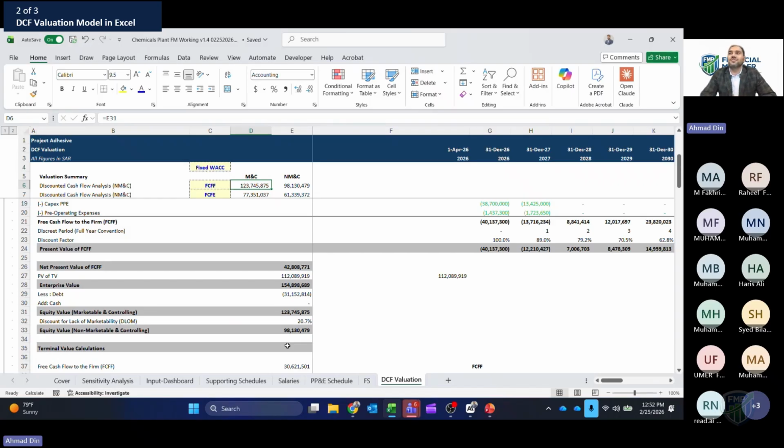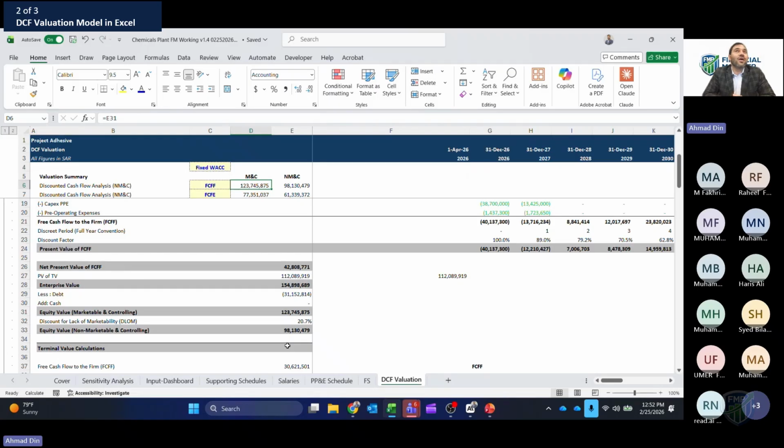For both methods, FCFF and FCFE, we are finding the equity value. We are calculating one value. So if there is a gap between our two methods' valuations, it means there is something wrong which we need to cover. Because both methods give us the equity value of the company to shareholders. So why is there a gap?